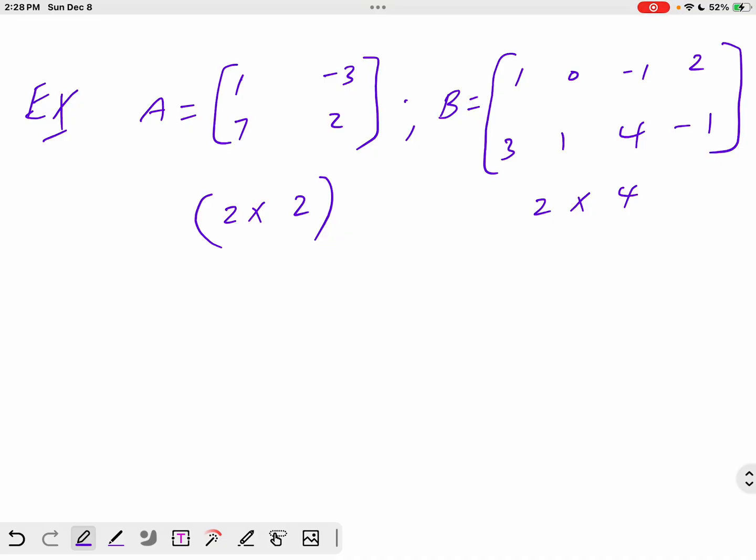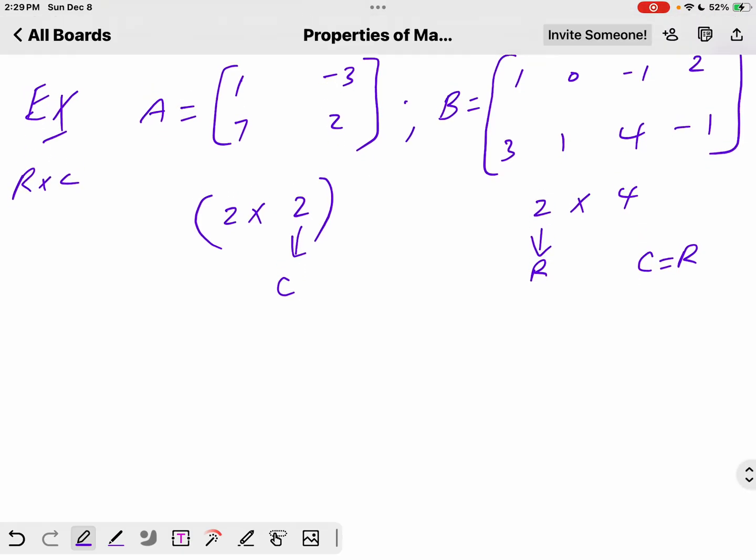The number of columns in A must be equal to the number of rows in B. So C must equal R. The order is always RC, rows times columns.